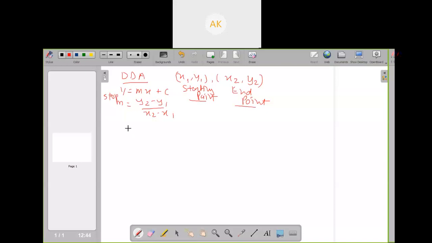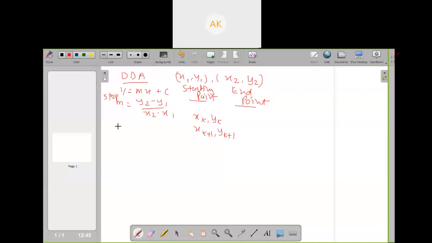So how can we calculate the intermediate points? Suppose your starting point is x1, y1, and your next point is xk, yk, and the following point is xk plus 1, yk plus 1.